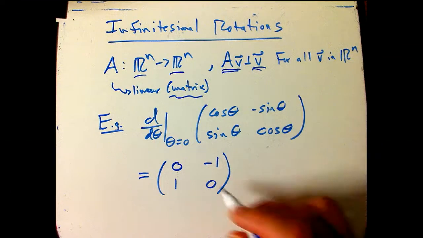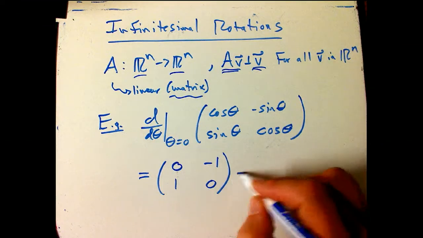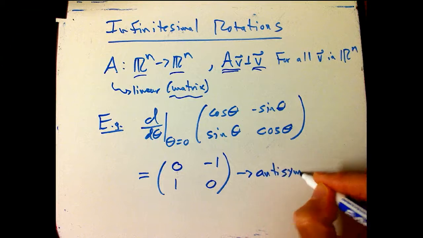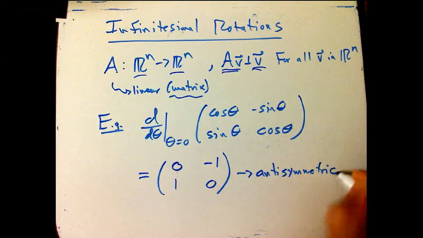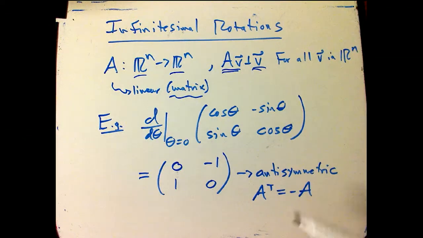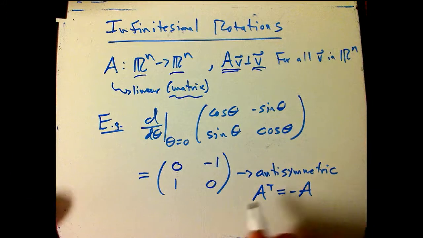Okay. And note what's true about this matrix is it's anti-symmetric. That is, its transpose is equal to minus itself. That's going to turn out to be equivalent to this characterization, and I'll show that very soon.